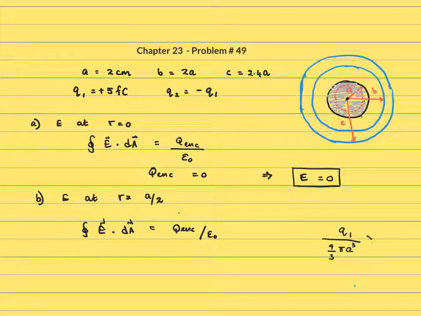If you want to find the charge in the enclosed area, we have to get the volume of that area, which is 4/3 pi, and the corresponding radius, in this case a divided by 2, and the cube of that. Now please pause the video if you want to, and find out what I am talking about here. This is very much related to yesterday's class.